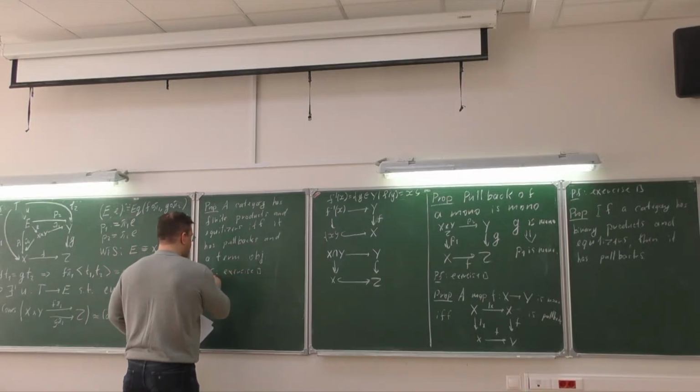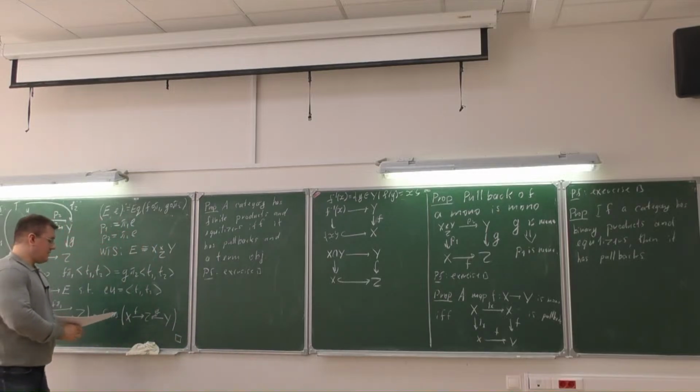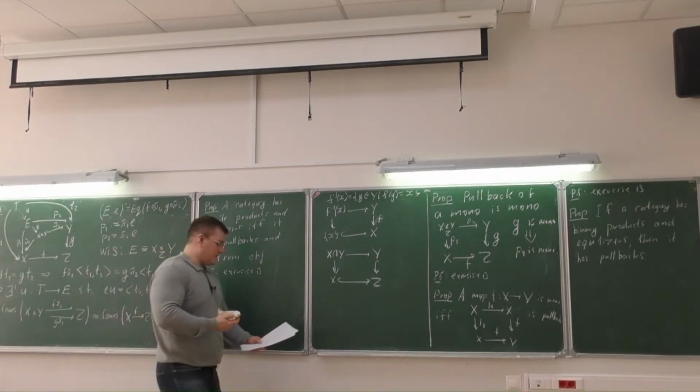The proof is an exercise. It's another example where you can reduce one kind of limits to another kind of limits.